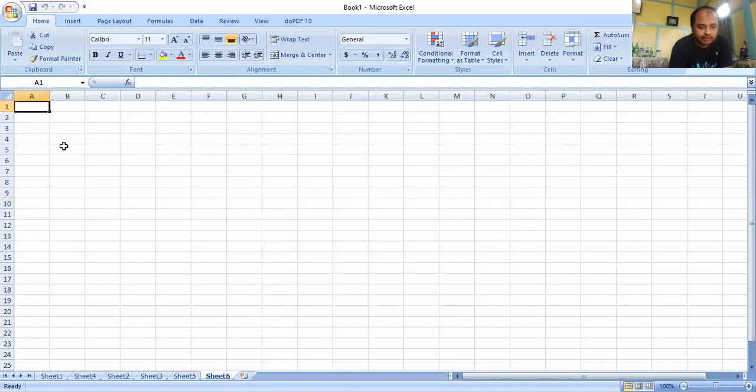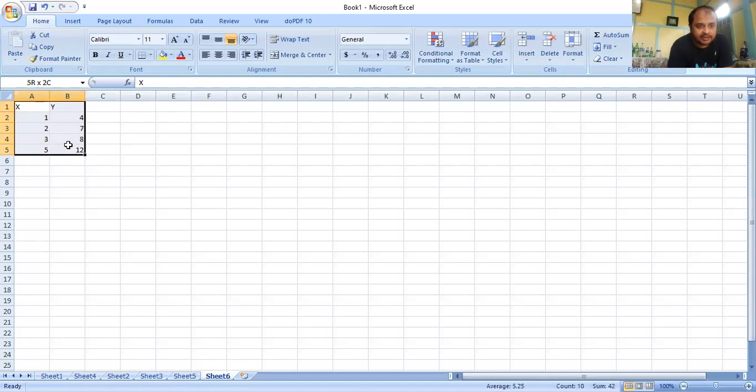So let me show you another problem, as a kind of practical demonstration. I'm going to put the values of X like this, and the values of Y like this, so that these 4 points have been plotted.